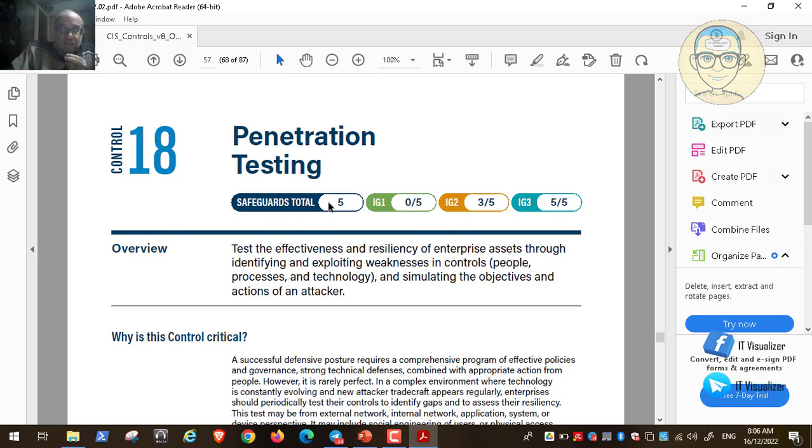Here CIS recommends that such testing be done by professional companies, or internally but with someone who has expertise in this kind of testing, because this can interrupt production or the workflow.